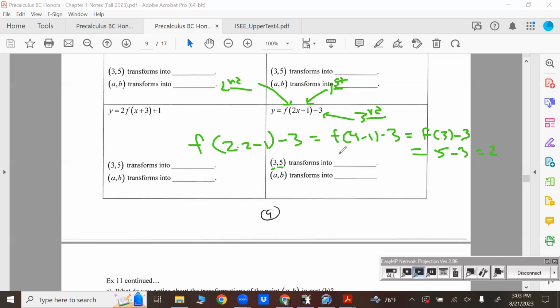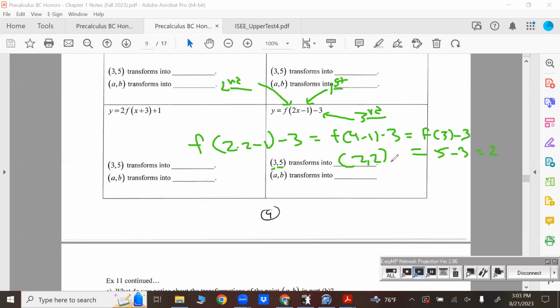So the transformation is going to be 2 comma 2. That's why you add 1. Hold on. Now I'm kind of confused myself here. What was that? You add 1. I know, but technically speaking, I actually did subtract 1, right? Because I went from 3 to 2.